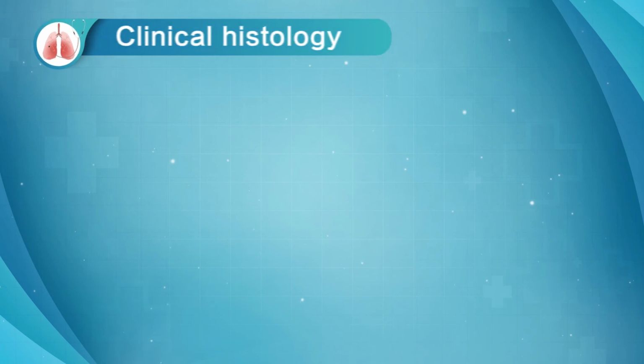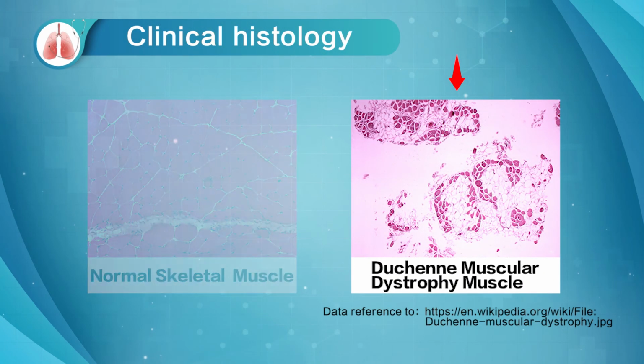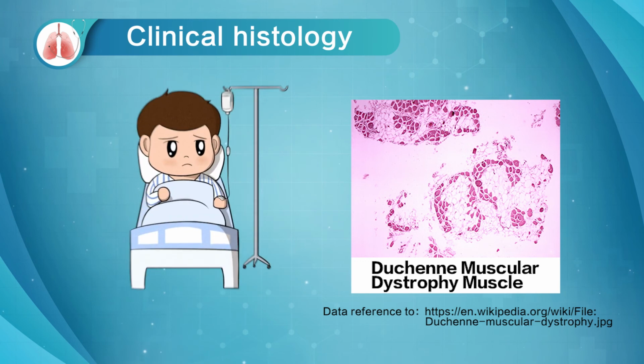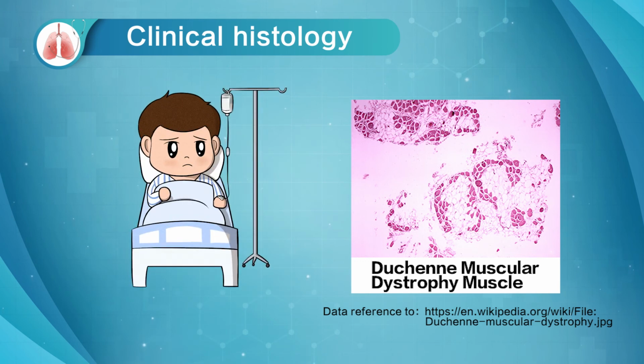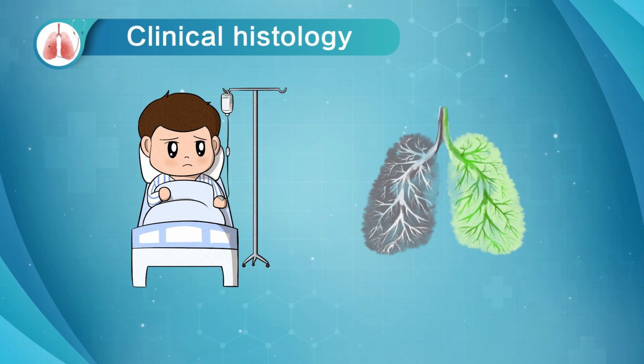The most common type of muscular dystrophy is Duchenne muscular dystrophy, DMD, which typically affects boys beginning around the age of 4 and causes death before the age of 20, usually because of lung infections and respiratory failure.